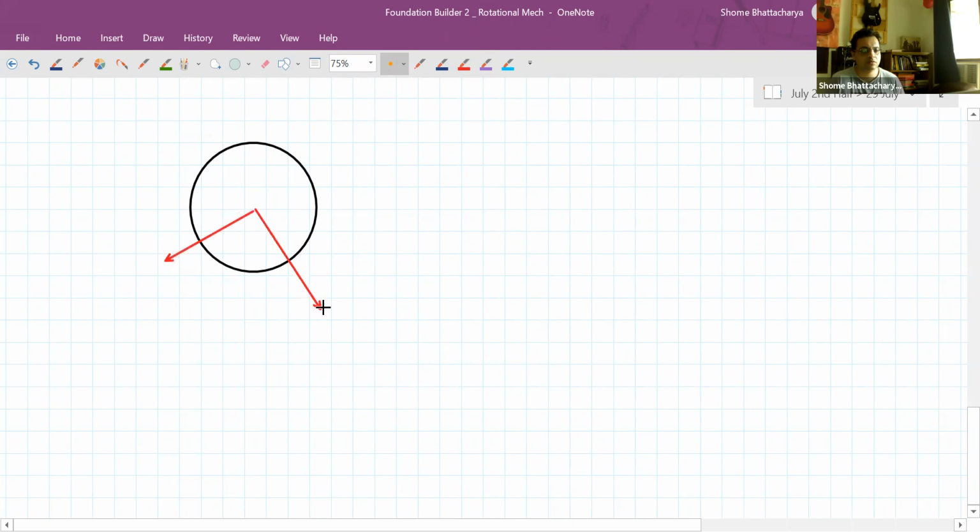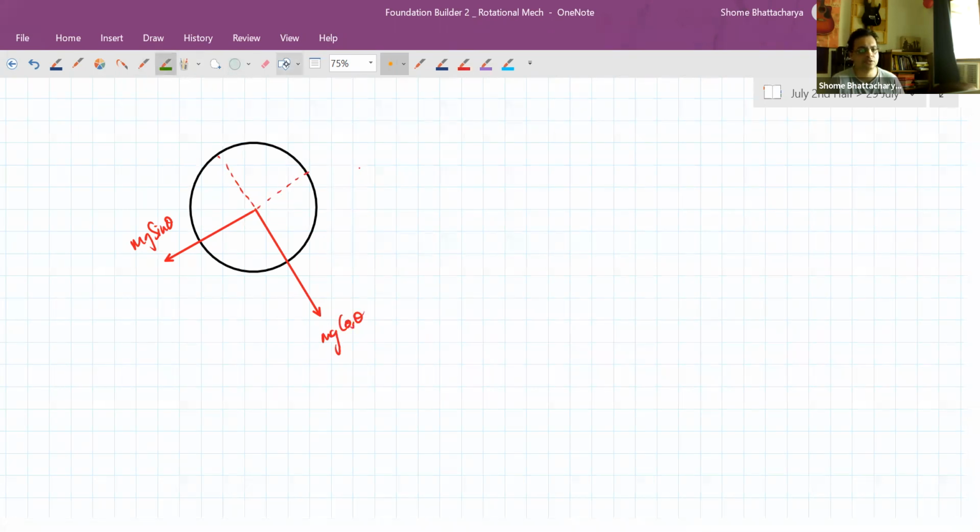And then you resolve mg, so there is mg sin theta minus friction acting down the inclined plane. So this is our mg sin component, mg cos component, then friction is acting at the point of contact like this.